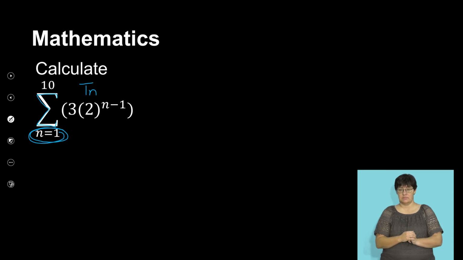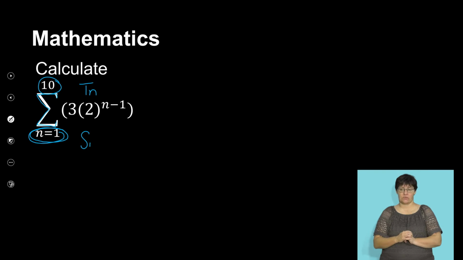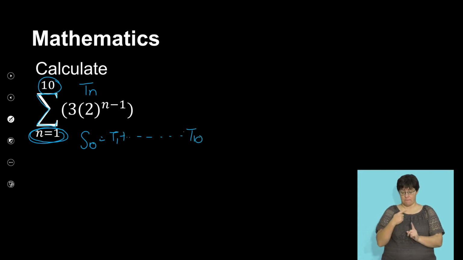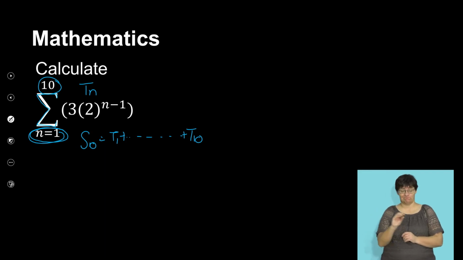And we are going to add all the terms from the first term up to the 10th term. So this sum will have the first term up to the 10th term.